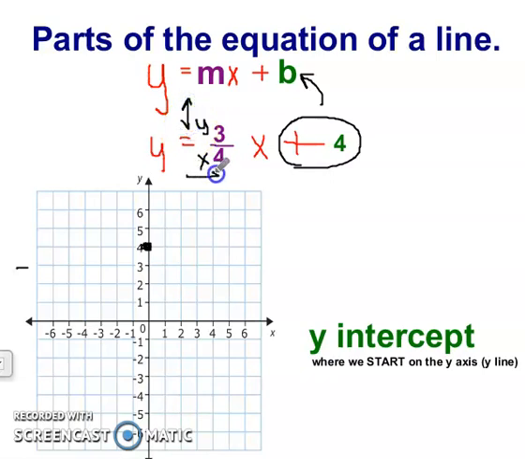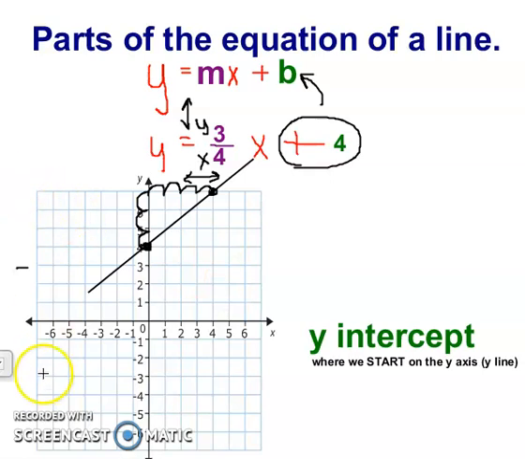This is telling me to go left and right. Positive is up, positive is right. If these were negative numbers, negative tells me to go down. If this was a -4, it would tell me go left. So these are positive. So I'm going to go up 3, right 4. I went up 3. I'm going right 4. There is my other point. This is what my line looks like. Bam.